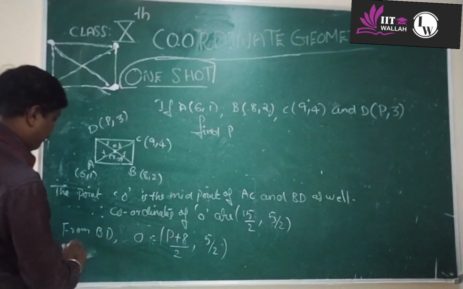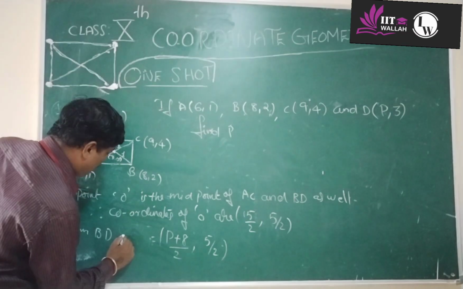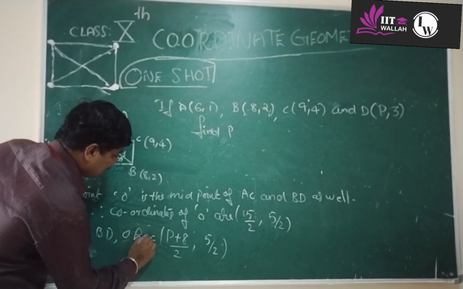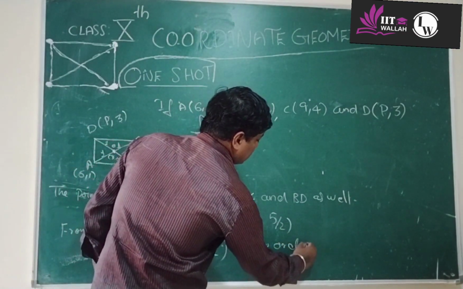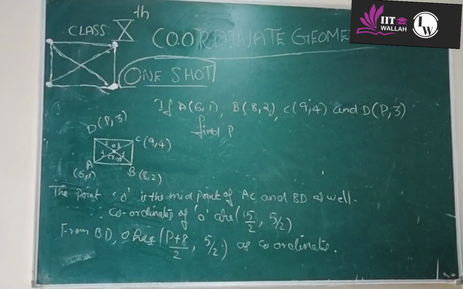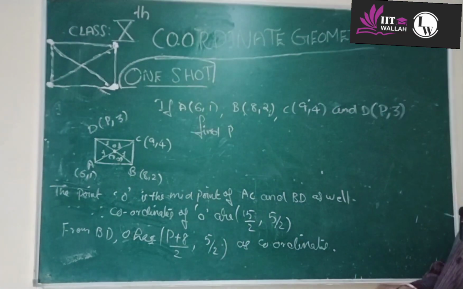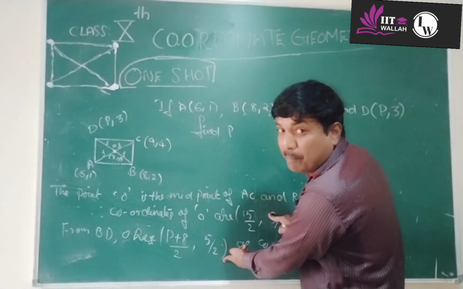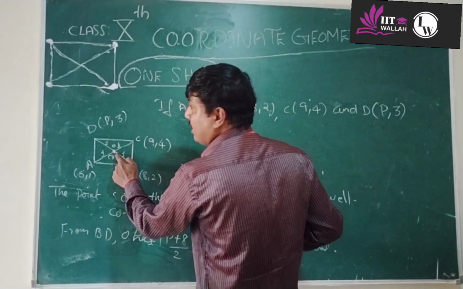These are the coordinates of point O. That means both of these are the same point, because this is only one point, common for this and this.